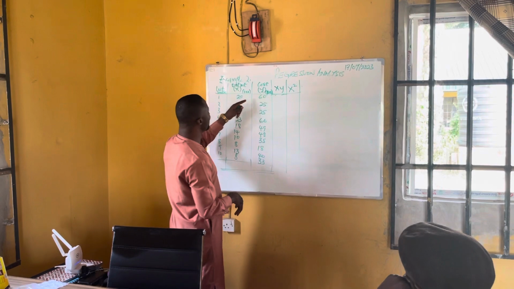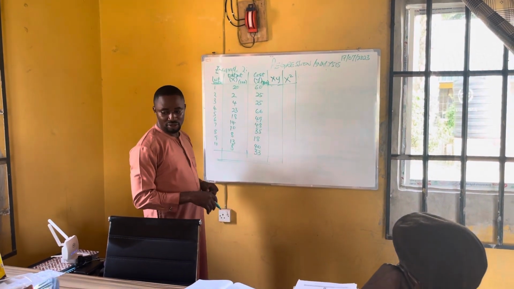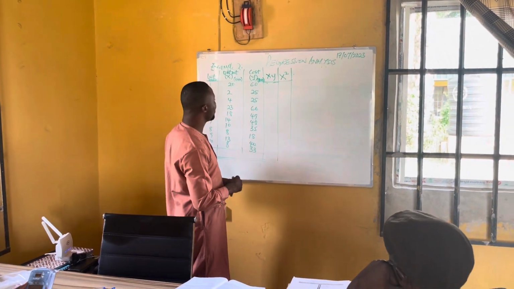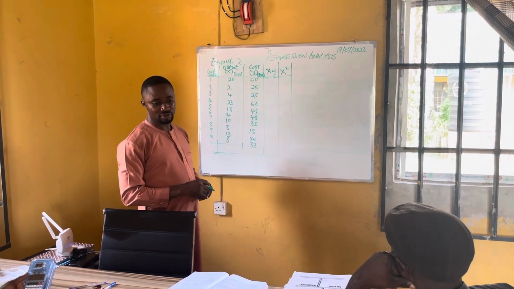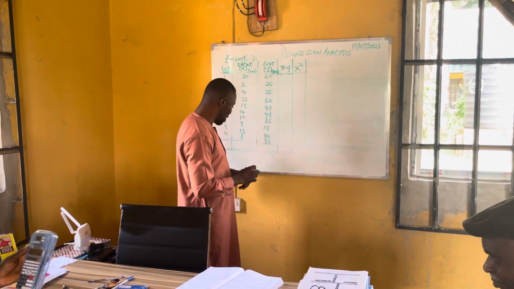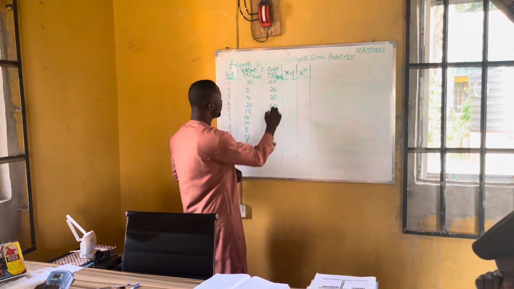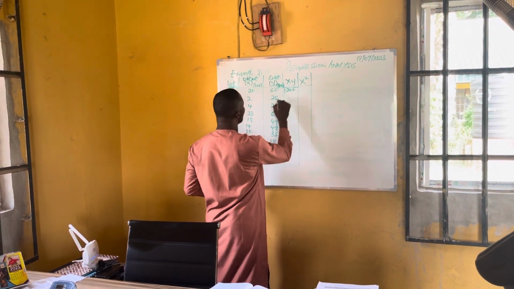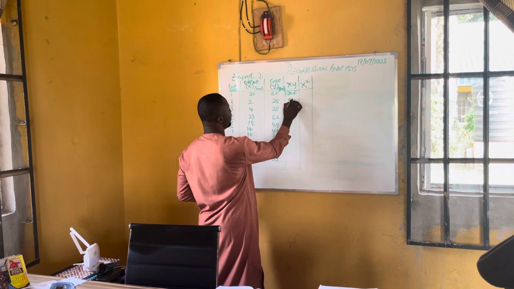So 20 times 60 gives 1200. 2 times 25 is 50.